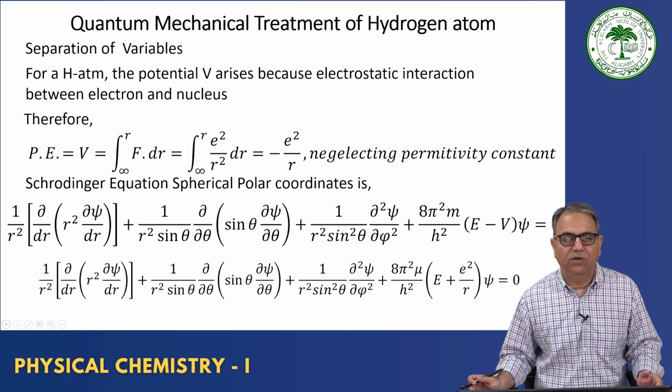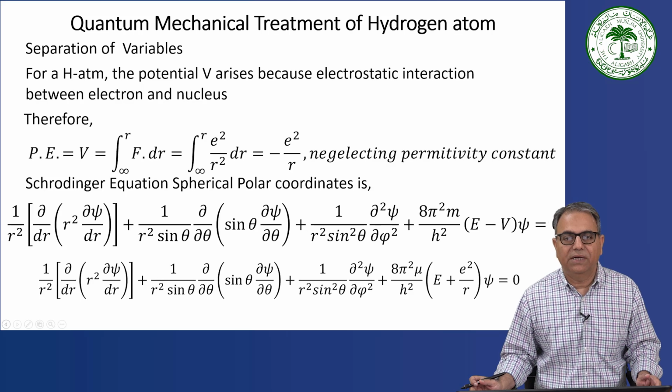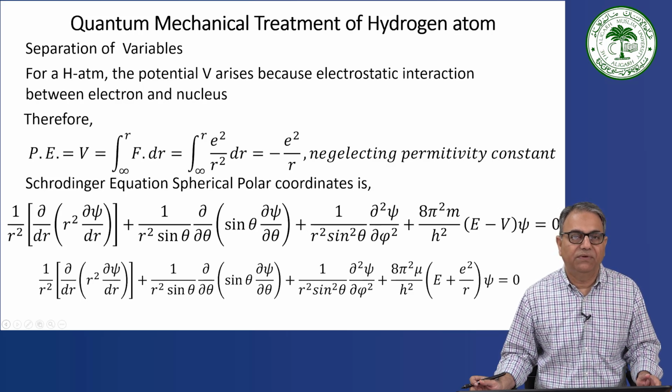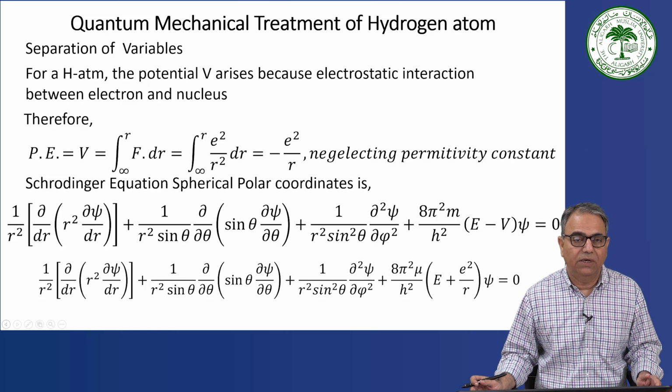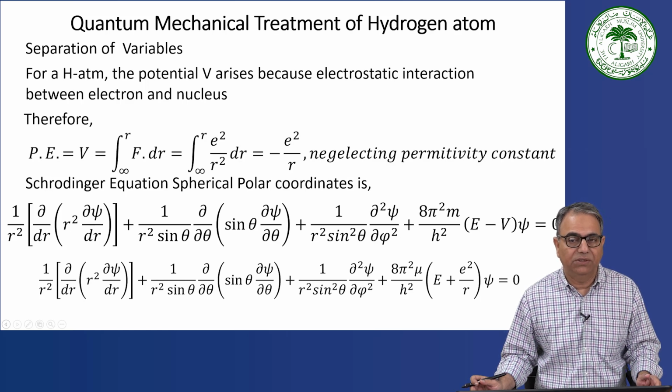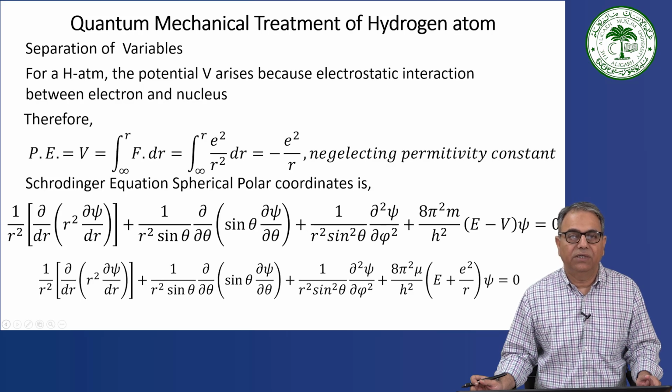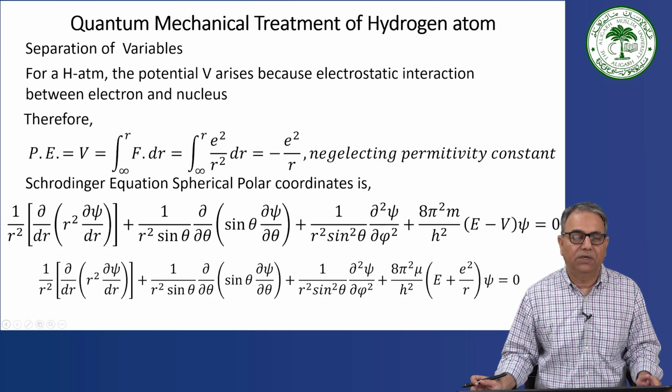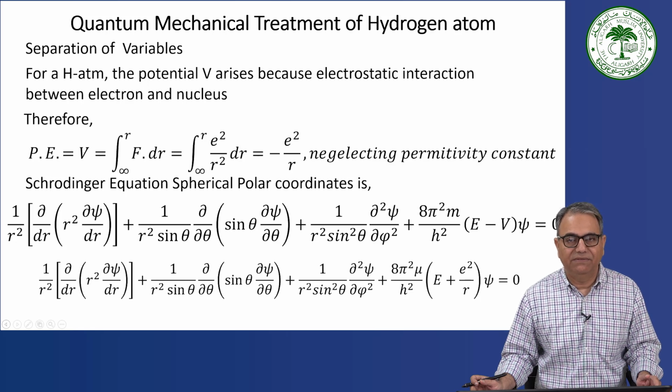But we will try to find out how the quantum mechanical treatment of hydrogen atom differs from these classical pictures. In case of Bohr's model, quantization concept is used, but a pure quantum mechanical treatment, or applying Schrodinger wave equation to hydrogen atom, changes the picture of Bohr's model also. And what does it change? We will see.